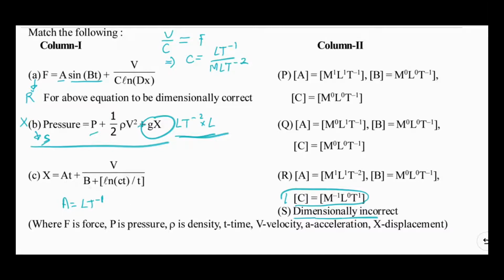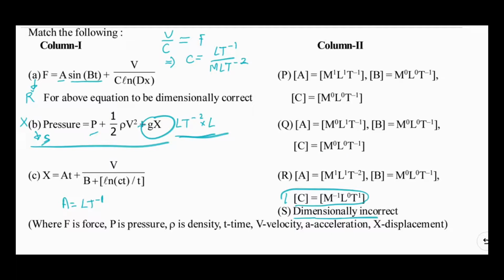Let's check for B and C here. Now, C into T is in the ln term, and for the log of any term to be possible, that term should be dimensionless. So ln CT is correct when CT is dimensionless, or C has the dimension of T inverse. If you observe option Q, yes, C is given here as T inverse.